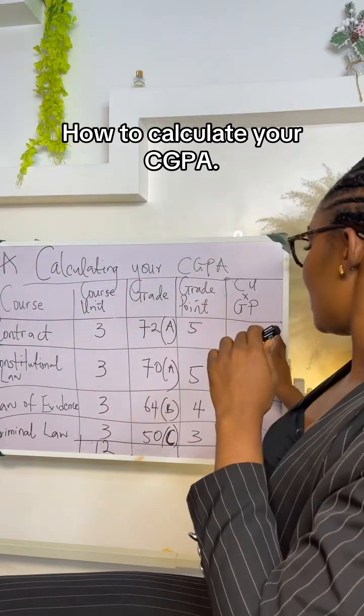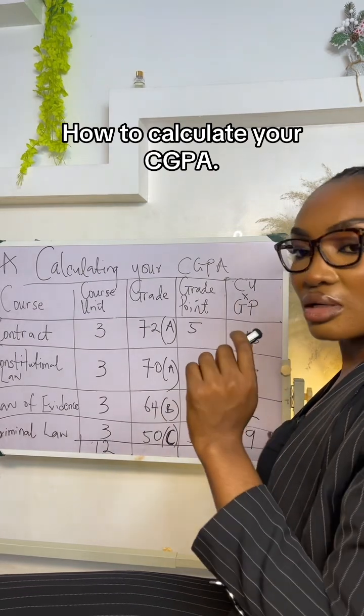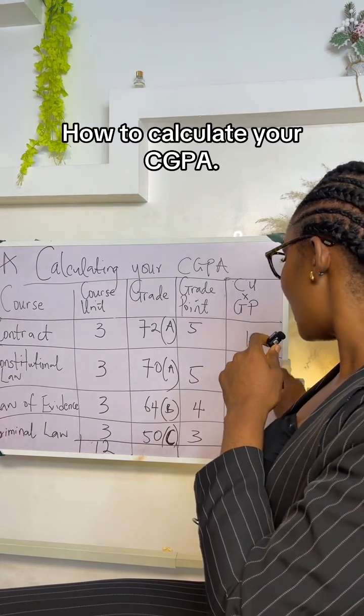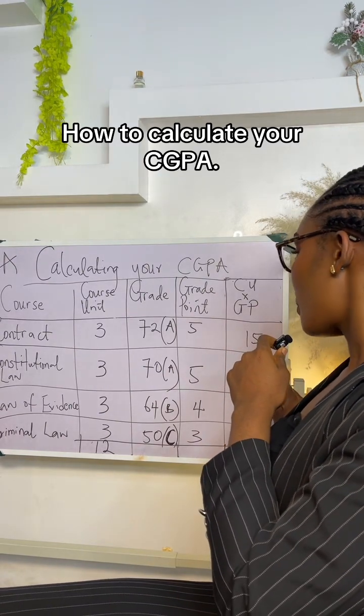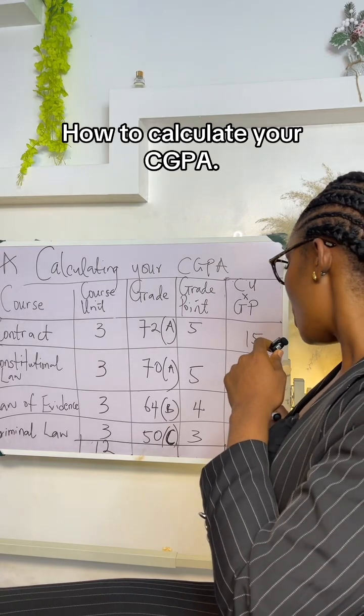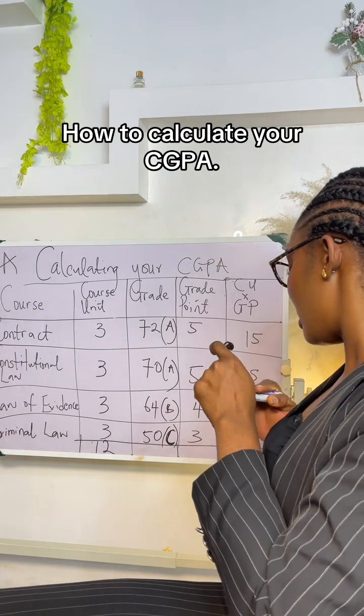These calculated figures, we are going to get the total of this. And so, what is the total of 15 and 15? I know that 15 plus 15 is 30. 30 plus 12 is 42. 42 plus 9 is 51, I guess.